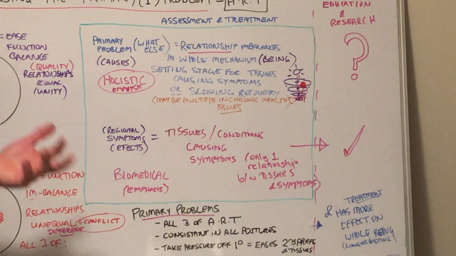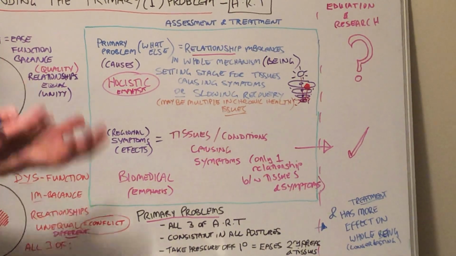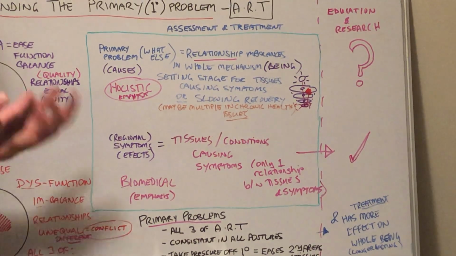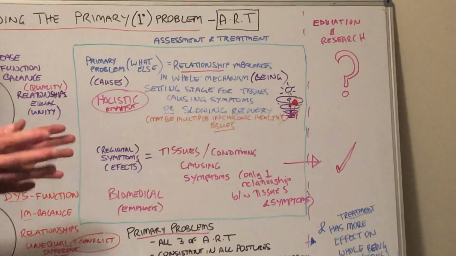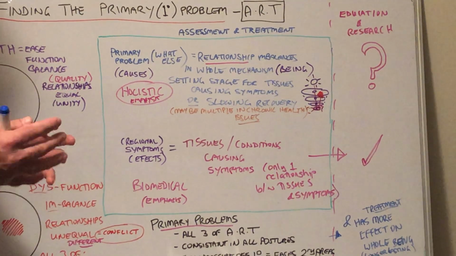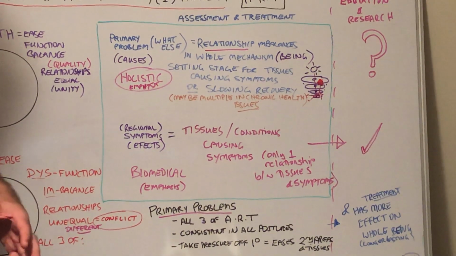And what I mean by slowing recovery is that it interferes in the body's natural healing mechanisms and therefore slows nature in doing its work. It's got nothing to do with symptoms other than it's putting pressure on other areas which then can become symptomatic and overloaded over time.